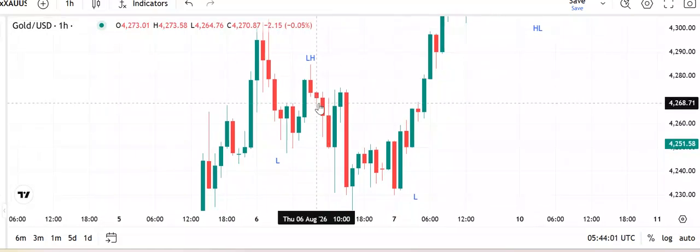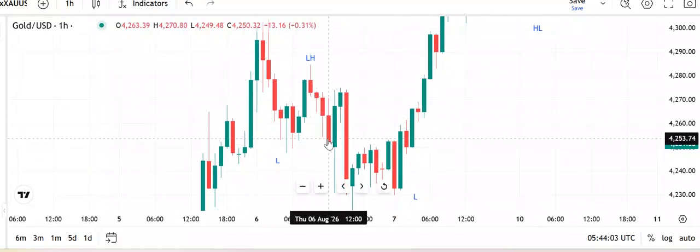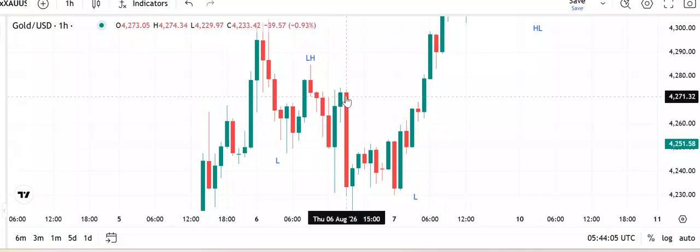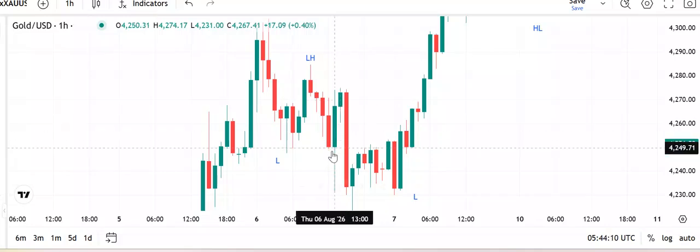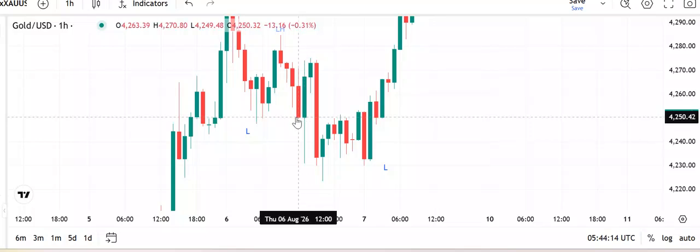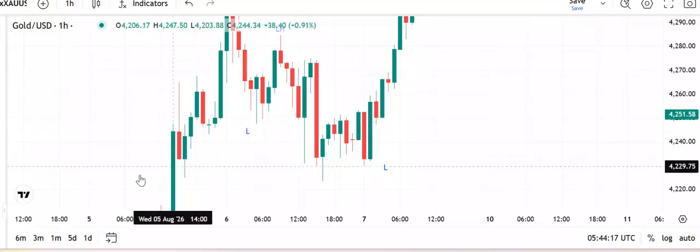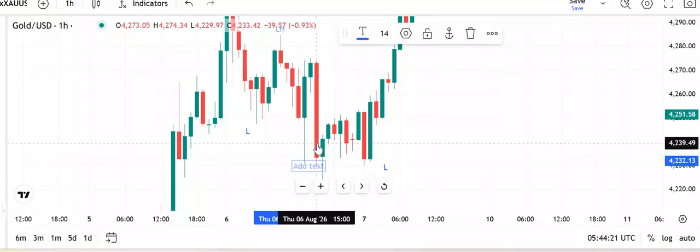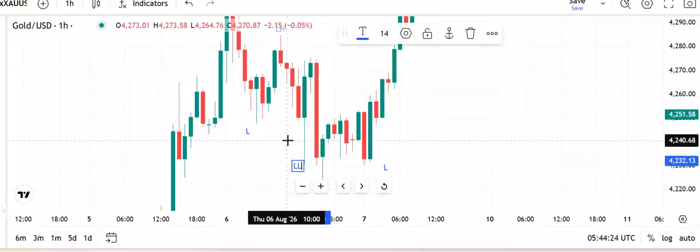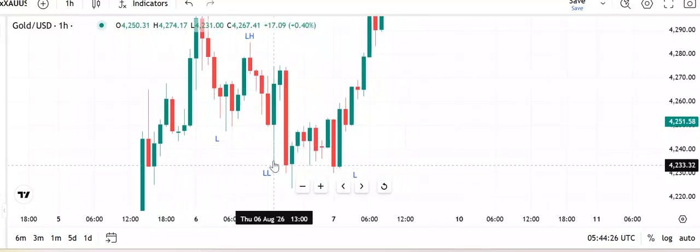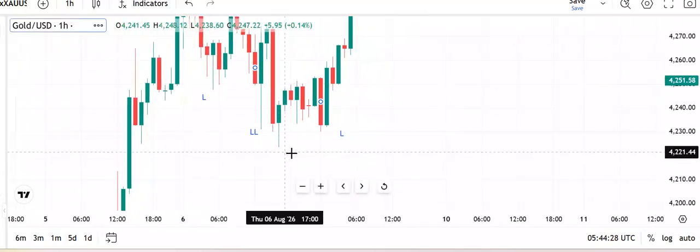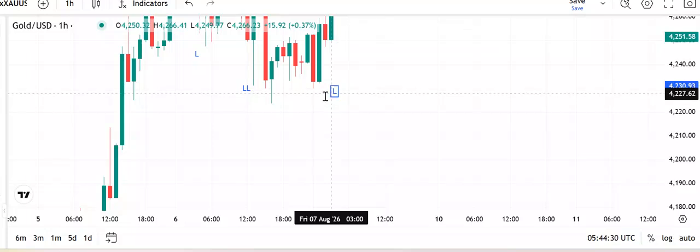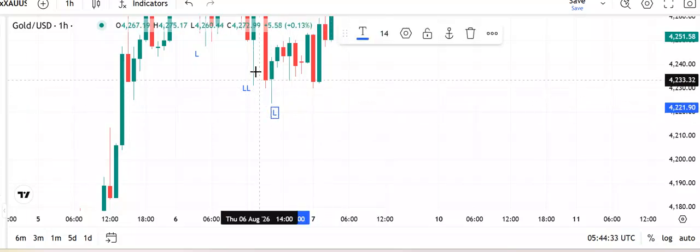So we start to have 1, 2, 3, 4 bearish candles, and the moment we have the second candle formation of this opposite bullish candle, a low is formed. Now this low is lower than this low, so we call this a lower low. It's an internal lower low because this particular low is lower than this low.